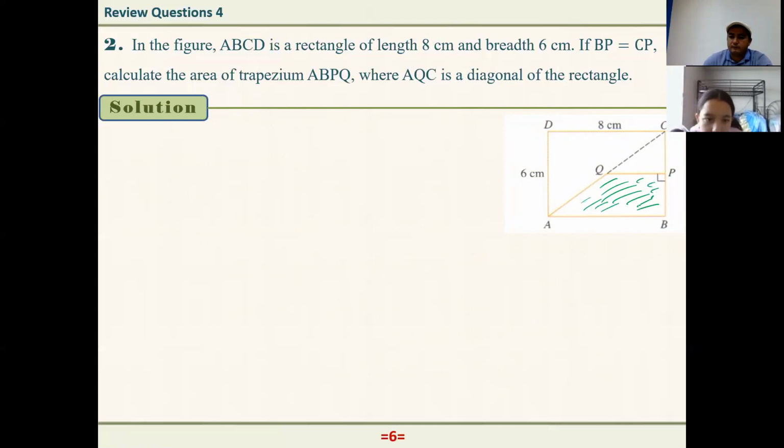Let's see. It's a rectangle. Okay, so I think that's 18, and it was 9.